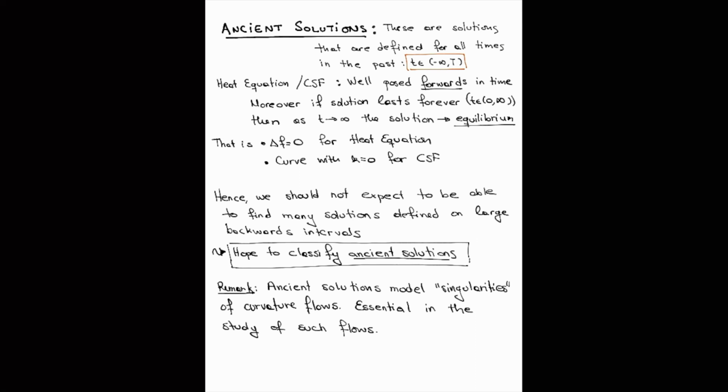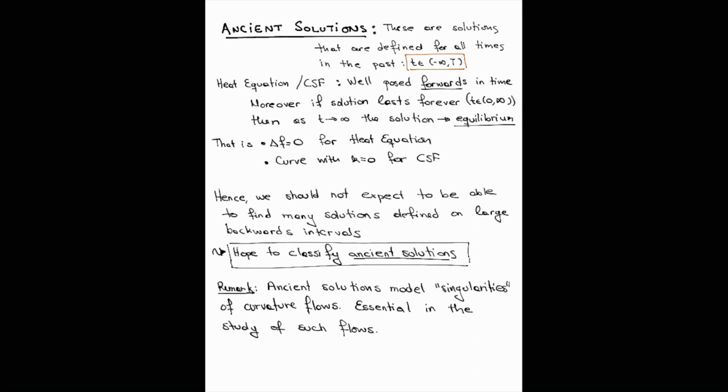Moreover, if the solution lasts forever, so if you can let t go to plus infinity, then your solution tends to an equilibrium. What do I mean by an equilibrium? Say for the heat equation, which was df/dt equals the Laplacian, again in one dimension this is the second derivative.